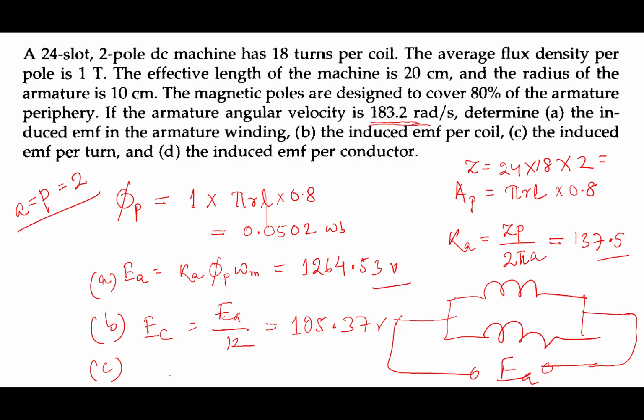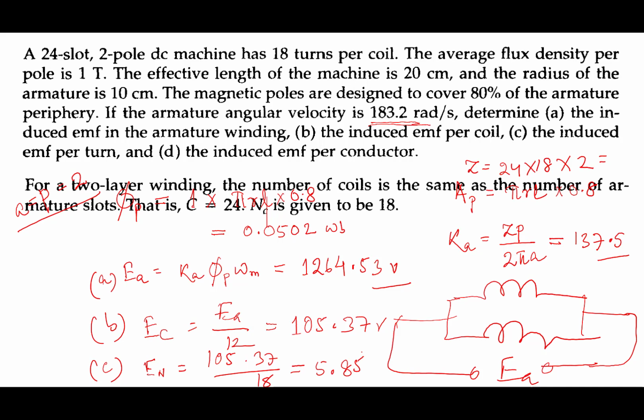Now see, C part is the induced EMF per turn. So each coil is having 18 turns. So divide by 18. So how much will you get now? 105, 18. 5.85.